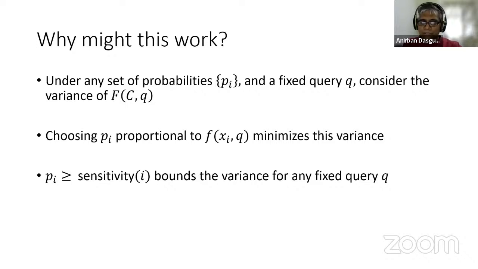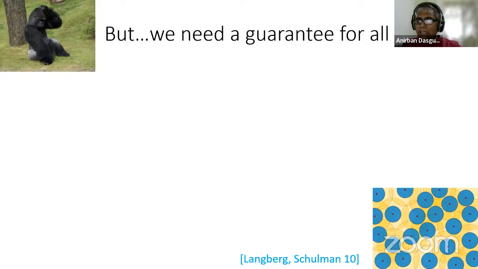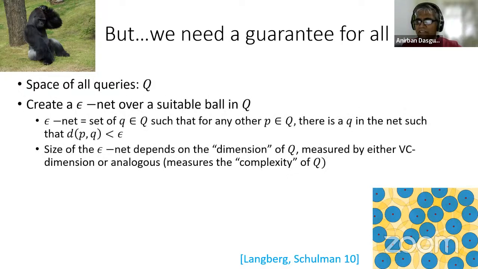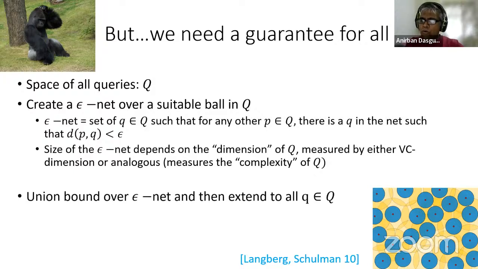Okay. Now coming back to the other point that I left blank: we needed a guarantee for all possible queries, right? How do I deal with all possible queries? For those of you who know a little bit of learning theory, this is not very new, and this is exactly the same framework.